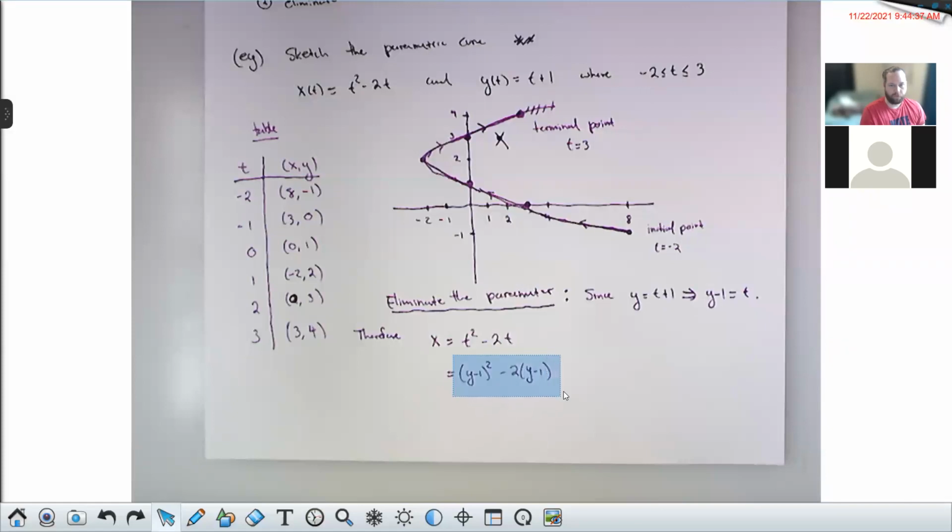And this, we can see pretty readily, is going to be a parabola opening sideways. It's a quadratic where x is equal to some combination of y's and y squareds.